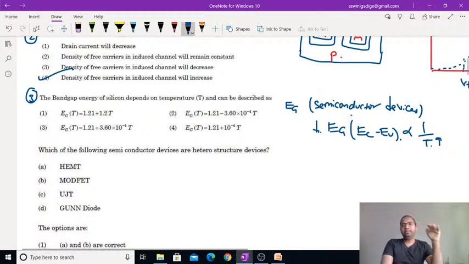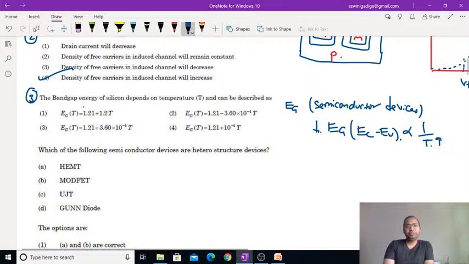The conduction band is almost filled with the electrons, and the valence band is almost filled with the holes. So due to this, a huge amount of conductivity will happen whenever the temperature is increasing. So if you observe all the four options here, which option tells that if you are increasing the temperature, then the energy band gap is decreasing?